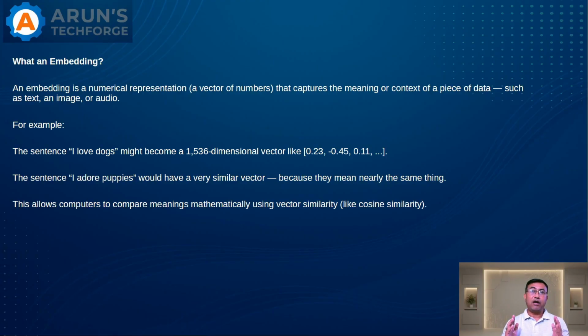This allows a computer to compare meaning mathematically using a vector similarity search, for example, cosine similarity. So this is a little theory about RAG.